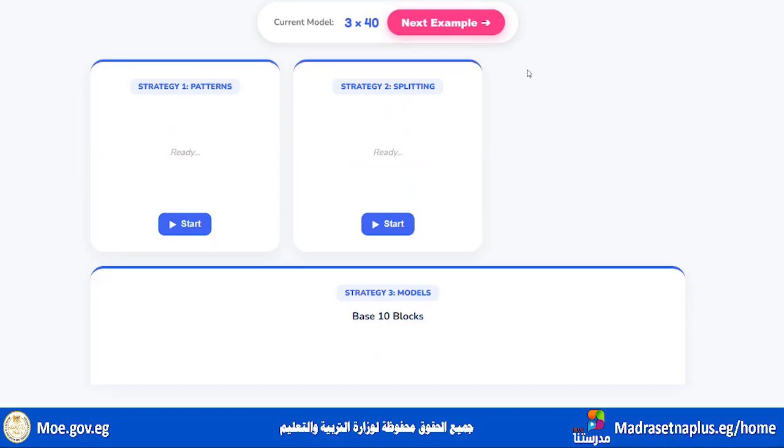Another example, 3 times 40. By using patterns, 3 times 4 equals 12. So 3 times 40 will be 120. Great.